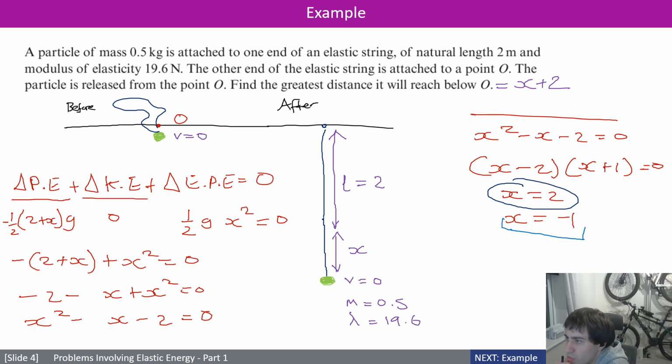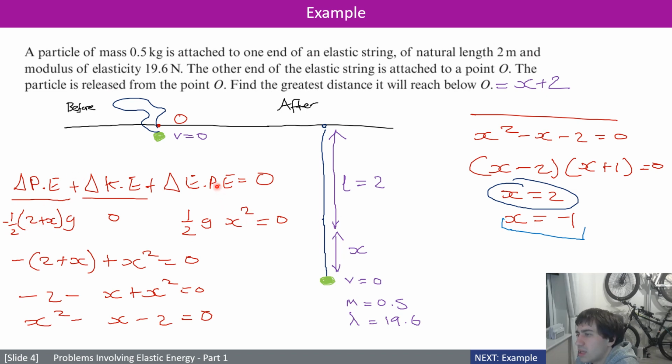Why are we getting this negative 1? So if you think about it, these formulas that we've used here, when are they actually valid? For potential energy, x being negative or positive kind of makes sense. You can say it increases or it decreases, and that would result in a positive or negative potential energy.